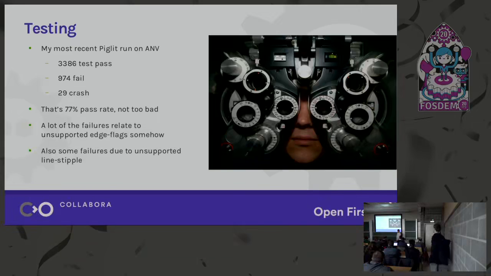For line stipple we have an easy way forward, because there's an extension for better lines in Vulkan now that is exposed by, I think, both the ANV and RADV drivers, which allows us to forward line stippling. I have some experimental patches for it, but there seem to be some differences in how this works in Vulkan and OpenGL, so it didn't really pass a whole lot of tests. It started stippling, but there's some more to it.